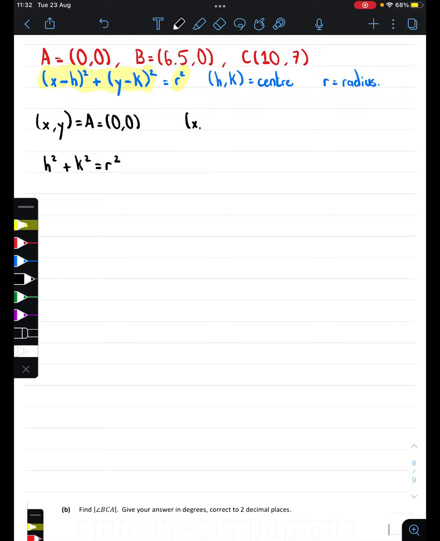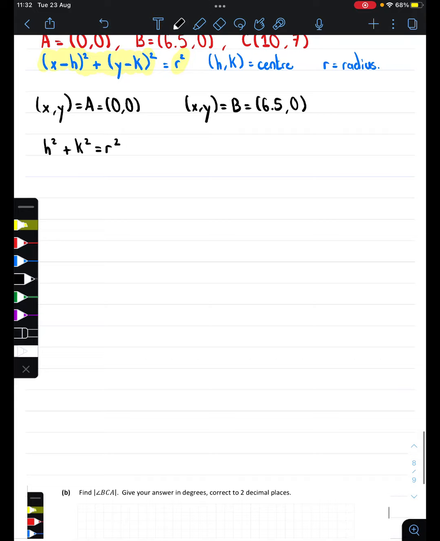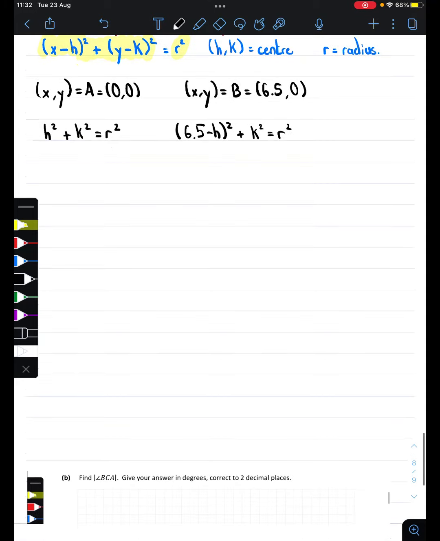If we let our x and y equal B equals 6.5, 0, then (6.5 minus h) squared, plus, again, k squared, since y is 0, should also equal the radius squared.